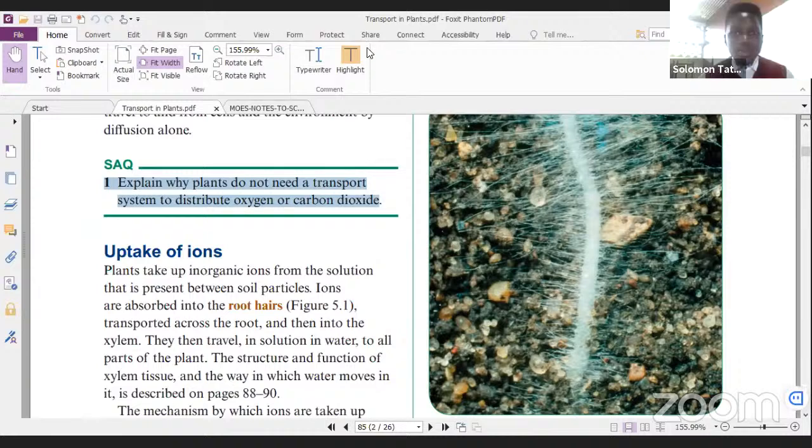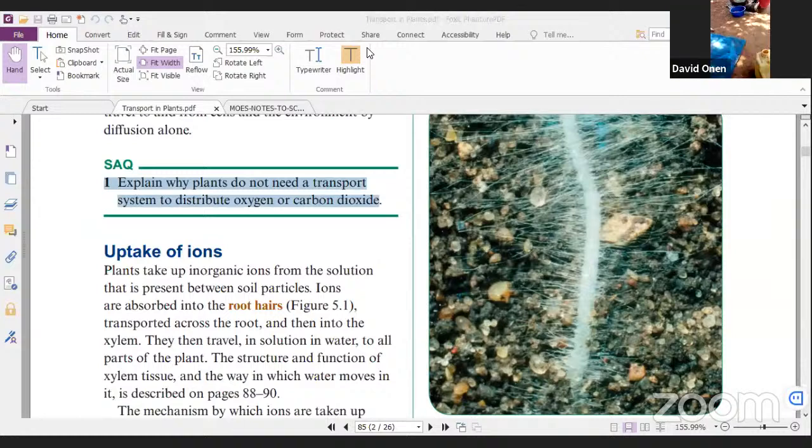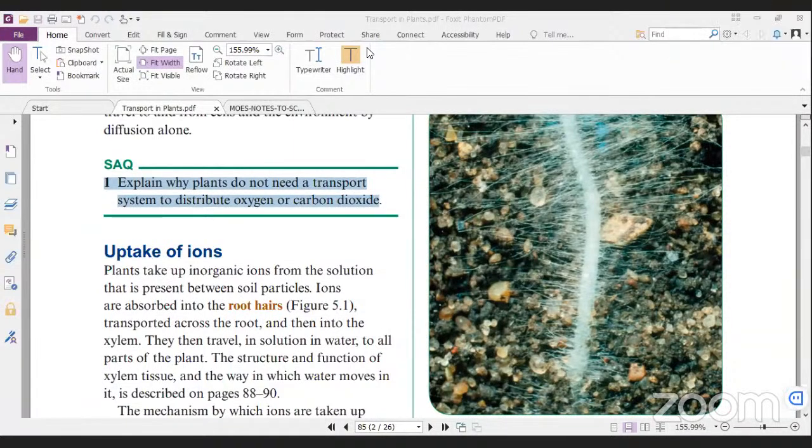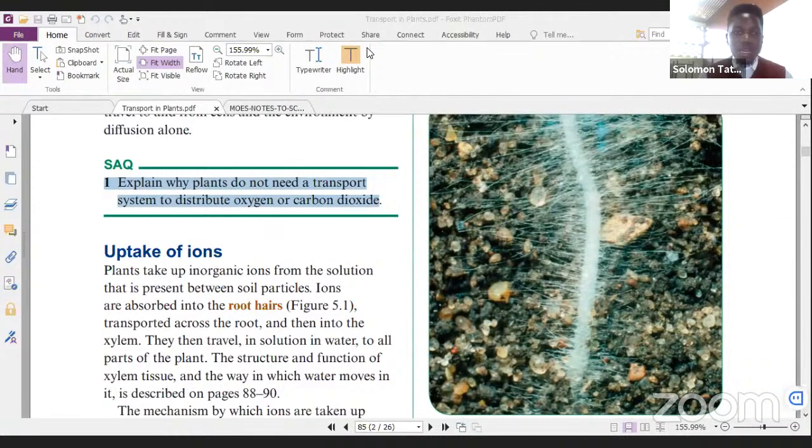You can raise your hand or you can unmute and speak. Yes, David? Anyone who would love to try? Why don't plants need a transport system like that in animals?